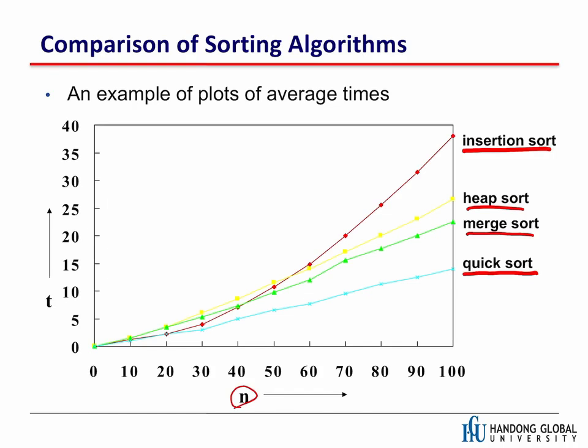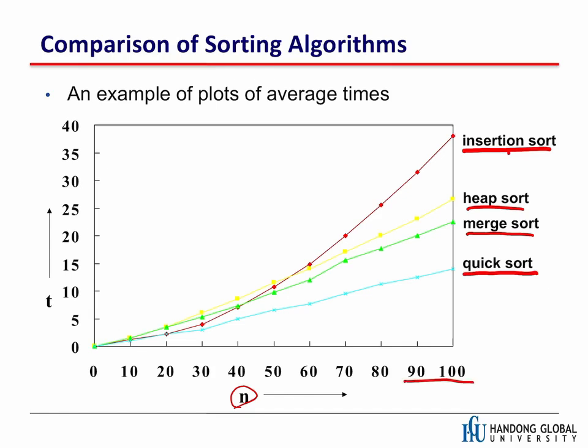So when n is small, then maybe insertion sort might be slightly faster than quick sort, and sometimes merge sort will be fast enough. Heap sort could be, but it doesn't matter. When n is small, insertion sort might be faster than quick sort, but it doesn't matter because when n is small, whatever you use is fast enough.